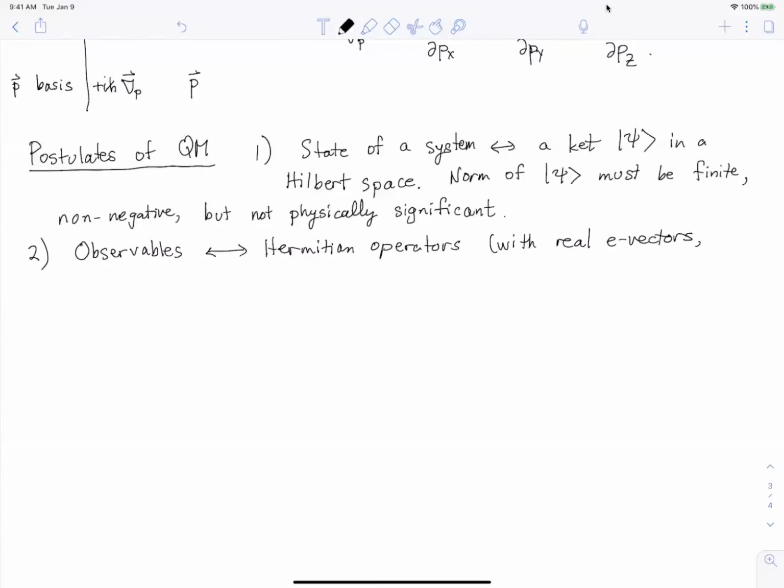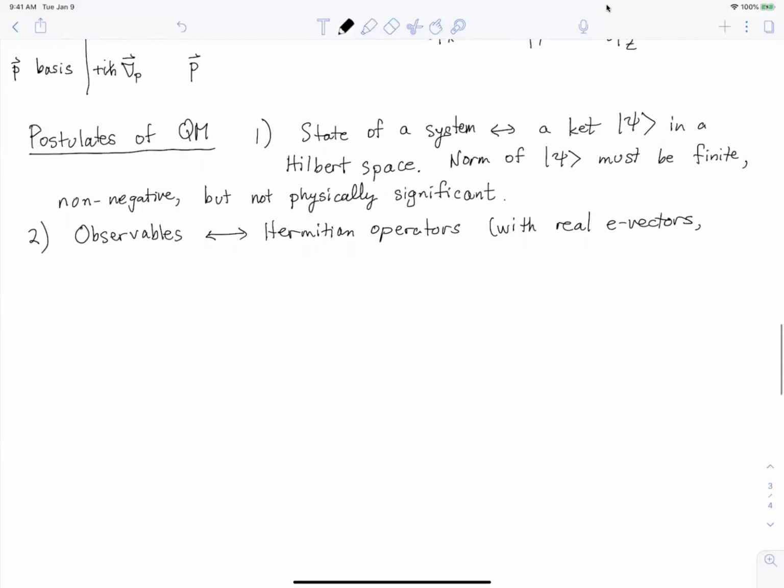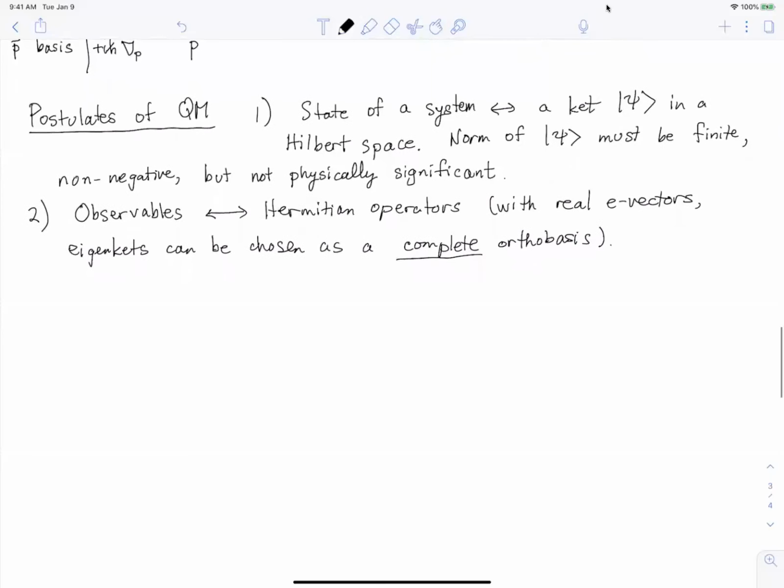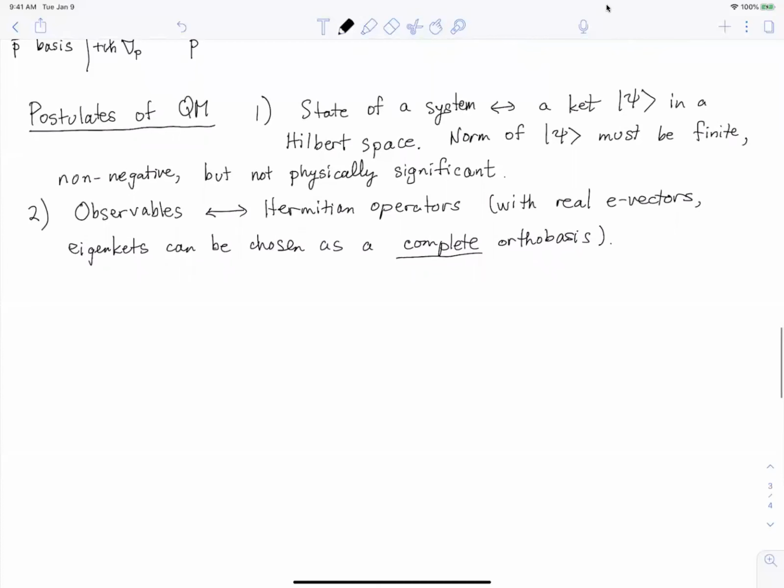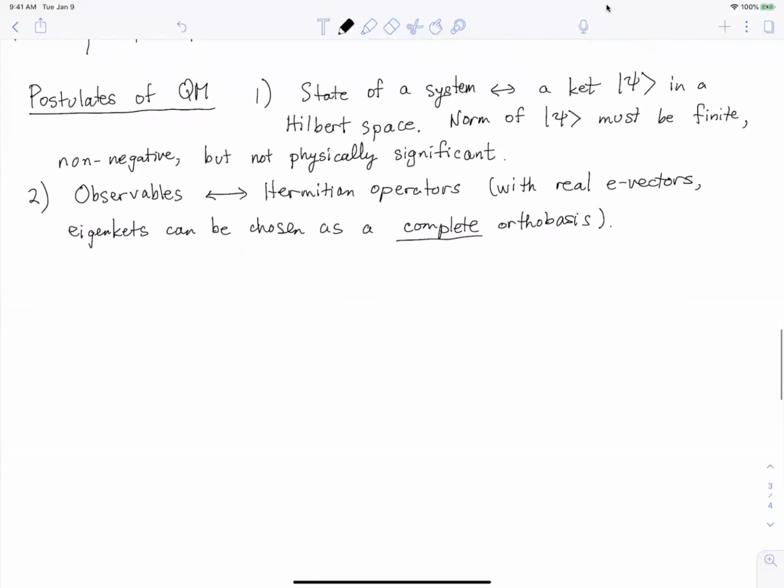But because we will sometimes, and in fact often, talk about infinite dimensional things, we add here that the eigenkets can be chosen as a complete orthobasis. So in the infinite dimensional case, you can find examples where something is a Hermitian operator, but it does not have a complete orthobasis. And in that case, it's not an observable. It's just a Hermitian operator. It's not something you can measure.